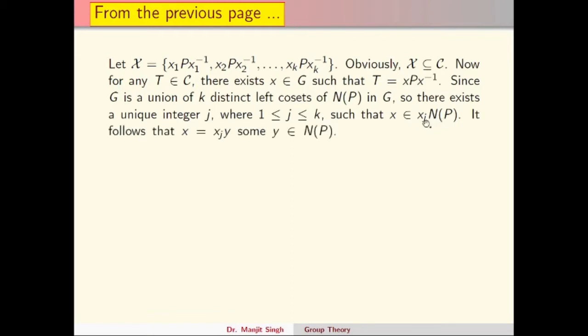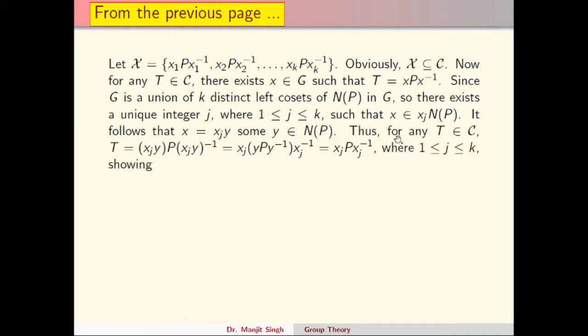It means that x can be written as xj y for some y belonging to N(P), and with this notation we see that T can be expressed as, we have taken here, xPx inverse.